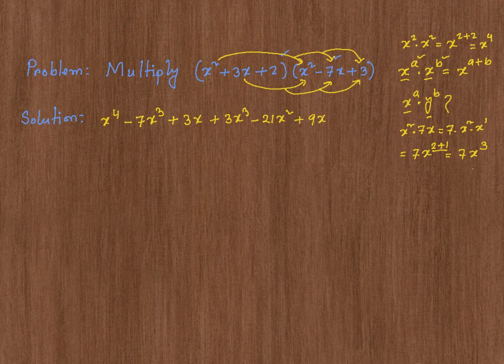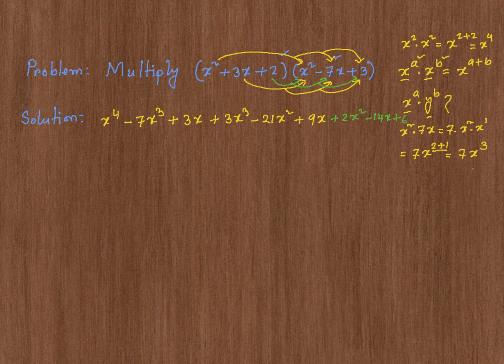Now we do the same thing, but this time for 2. 2 times x squared is going to be 2x squared. Then 2 times negative 7x is negative 14x, and then 2 times 3 is 6.